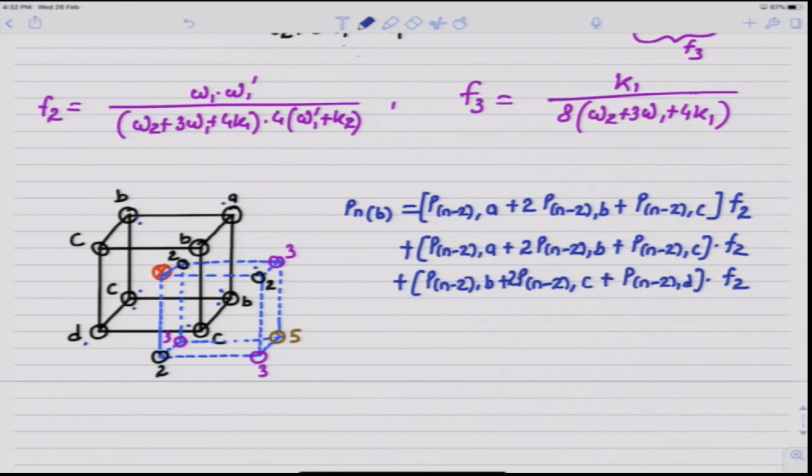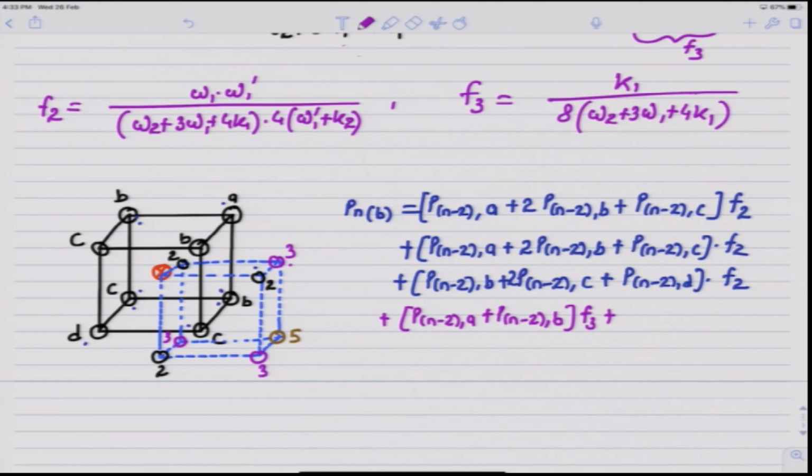Then for the vacancy to be on third nearest neighbor, let us consider this one first. After n minus 2 jumps, the vacancy should have been either on A or B. So, this should be P n minus 2 of A plus P n minus 2 of B times F3.